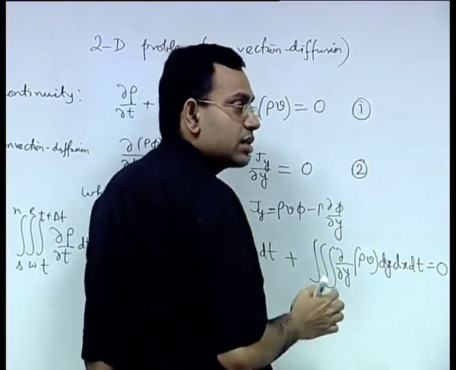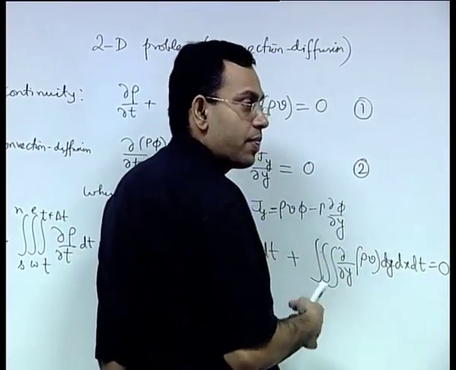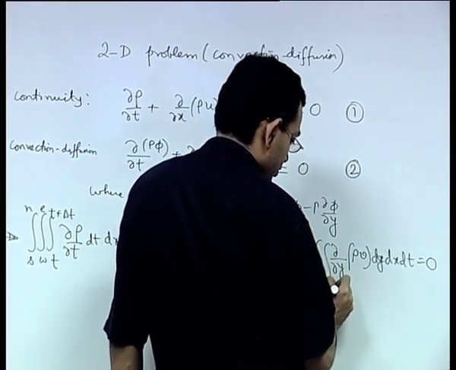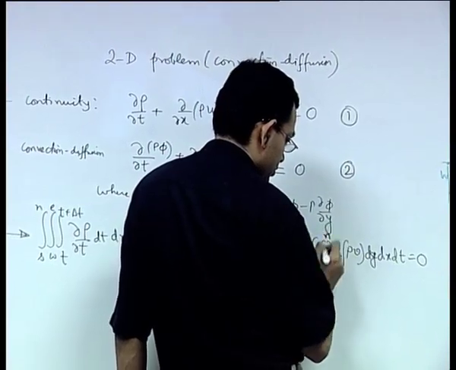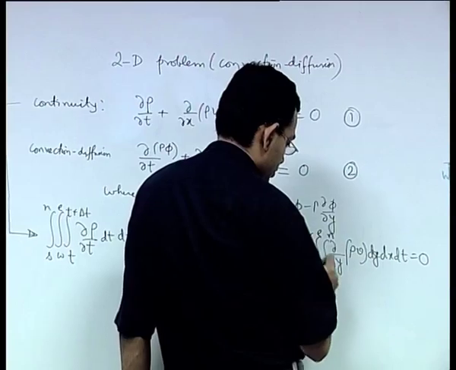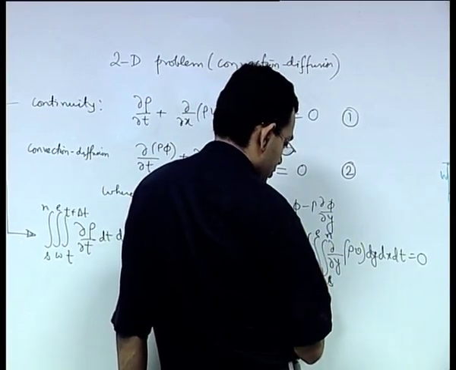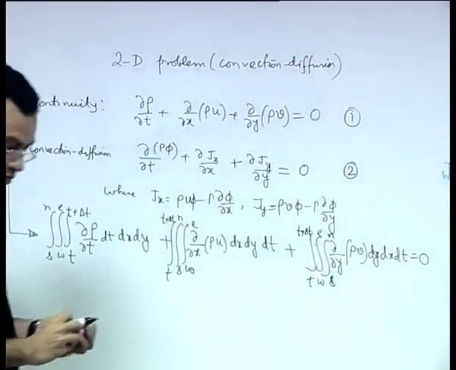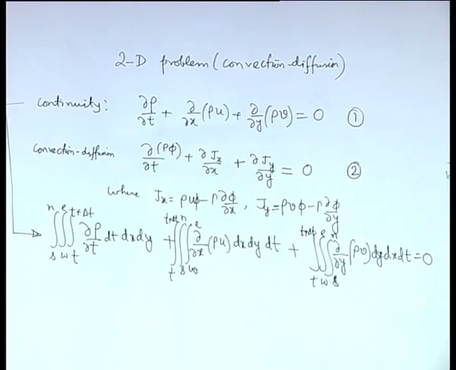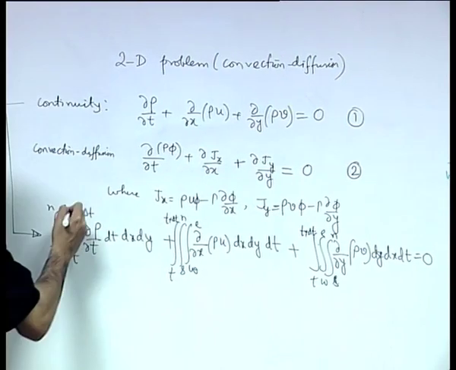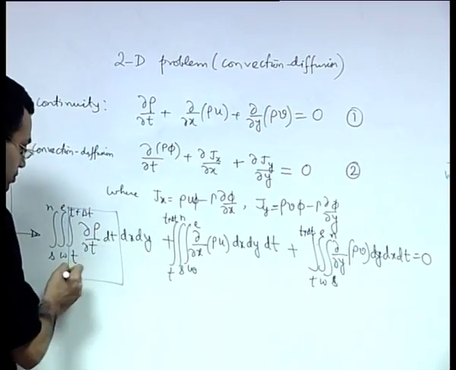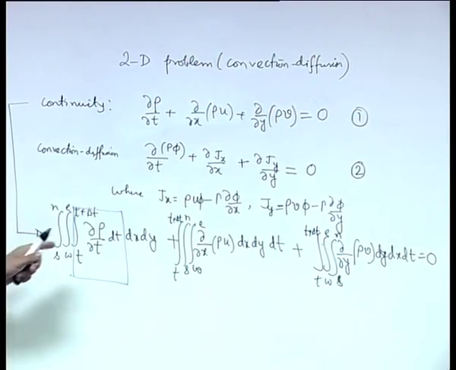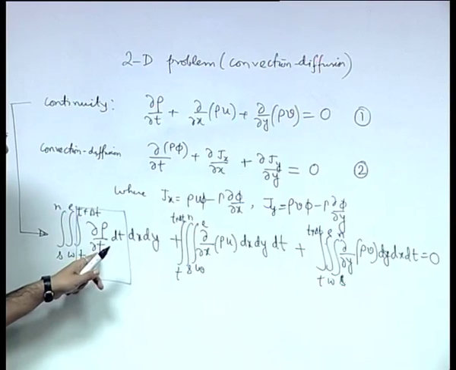As an example, let us consider a fully time implicit scheme for the time integration. So, if we first integrate this expression, it will be rho at time t plus delta t minus rho at t.